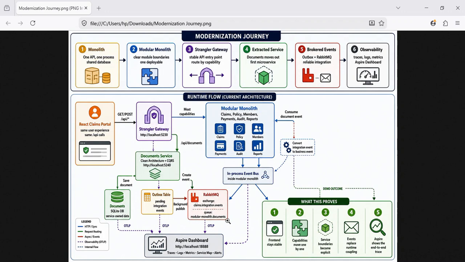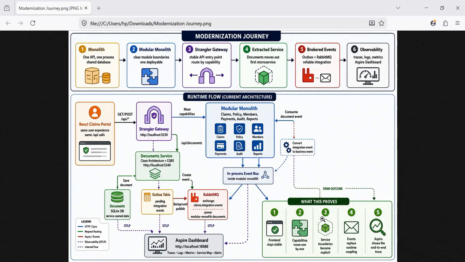And then the modular monolith, being the consumer side, is going to consume that. So let's say audit, notifications and reporting are going to consume these business facts, and then relay them internally into the in-process event bus. All this you are going to see in this particular journey itself, and this is the overall outcome.